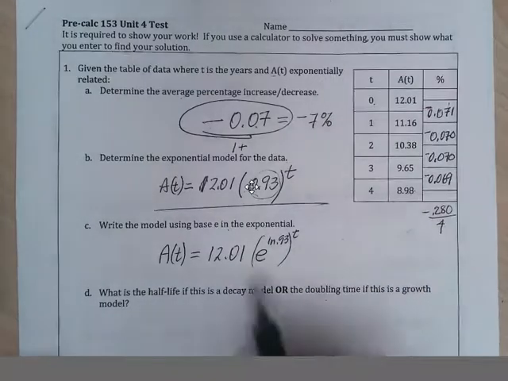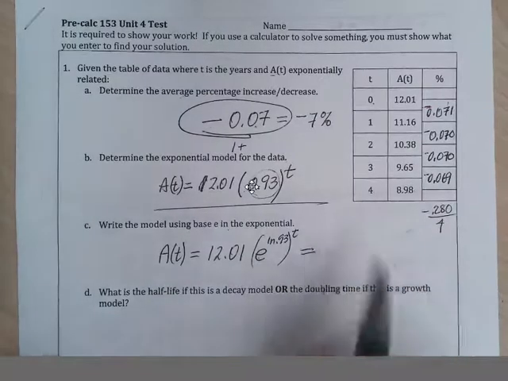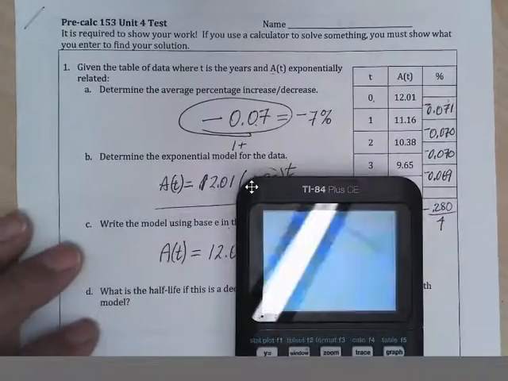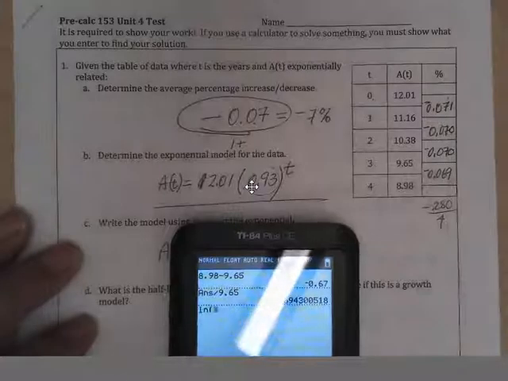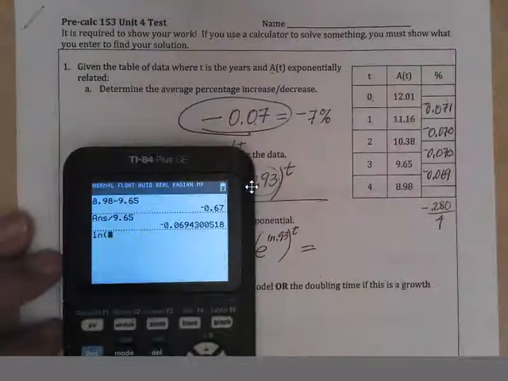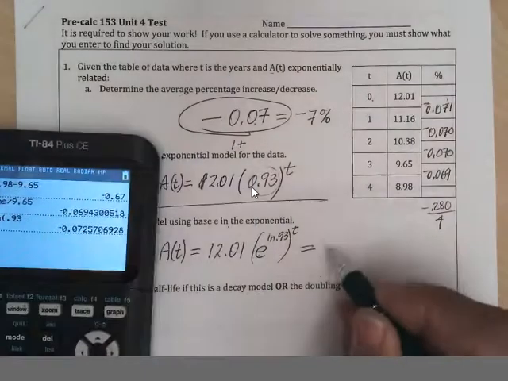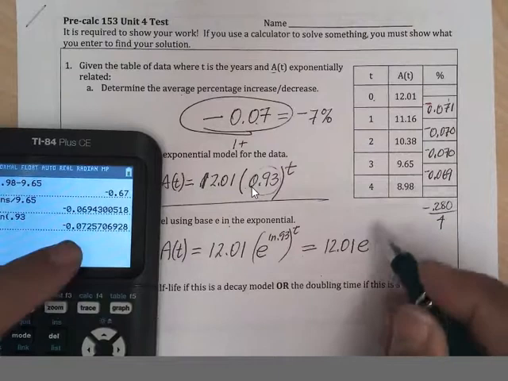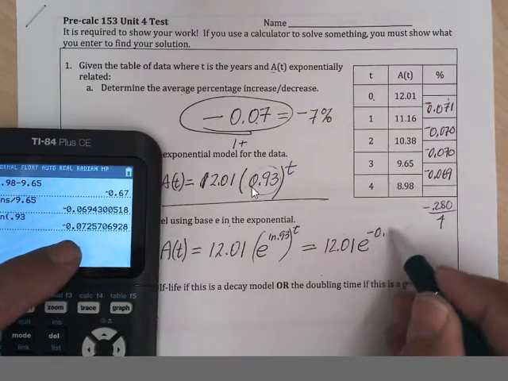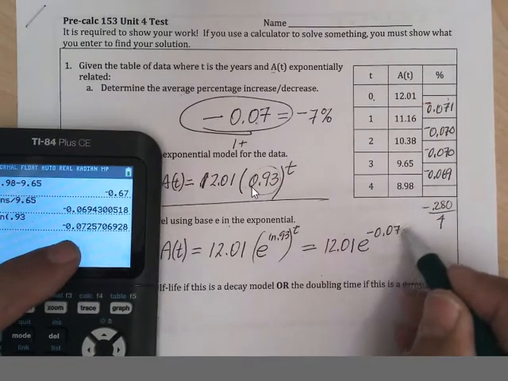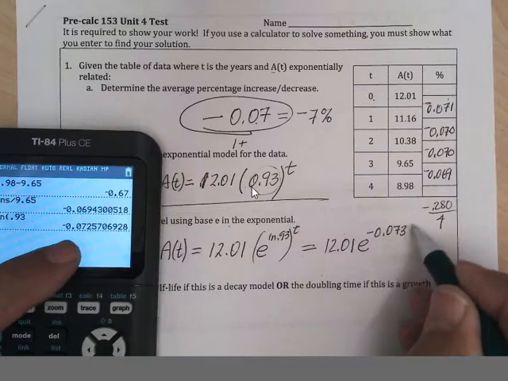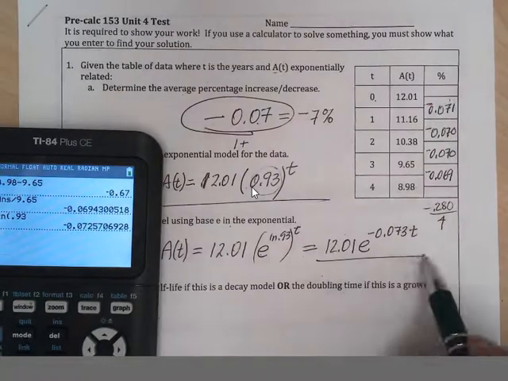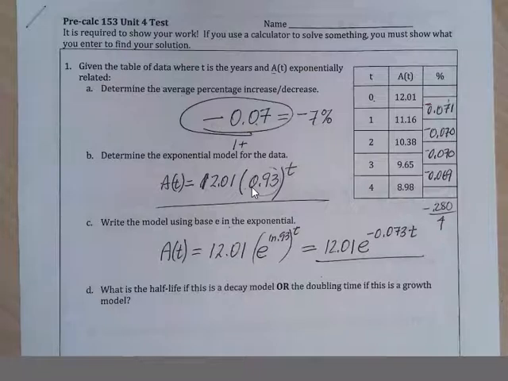Now that's in a base E model, but we can also go to our calculator and figure out the natural log, ln of 0.93, and write this as 12.01 e to the negative 0.073 t, roughly. So that's the exponential model.